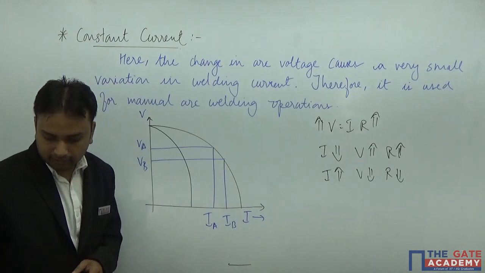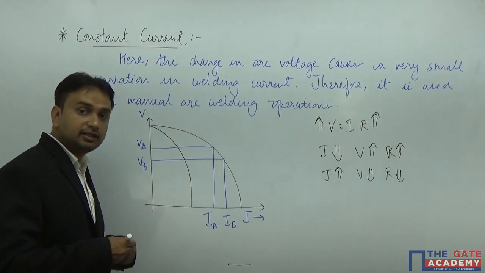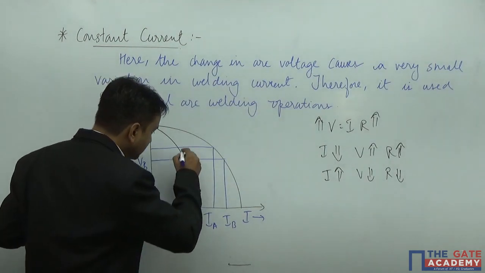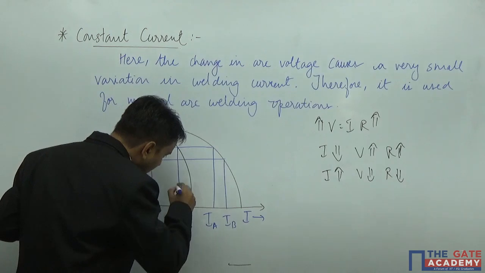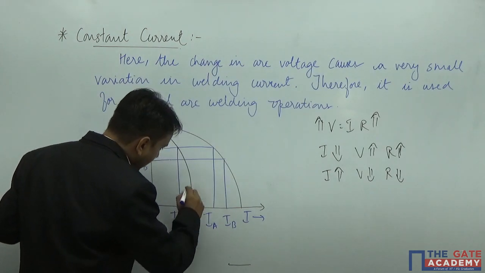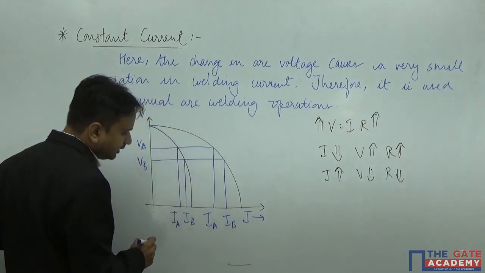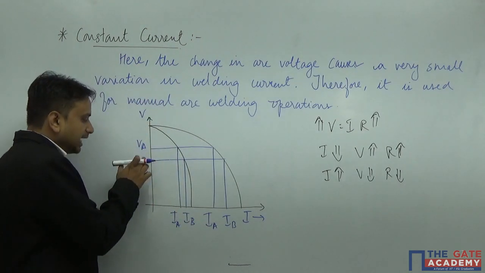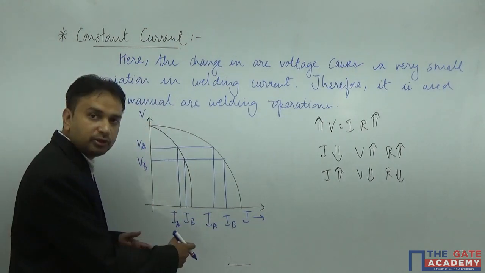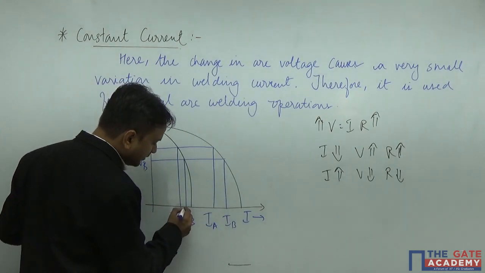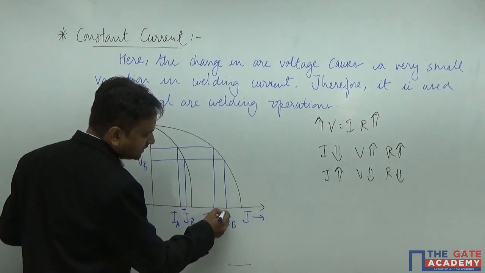You will see that the variation in the voltage and the current was even smaller than the previous one. For VA, IA is somewhere over here, and for VB, IB is going to be here. So corresponding to these two voltages, there will be two different currents, IA and IB. You can see there is a very small variation over here as compared to the previous one.